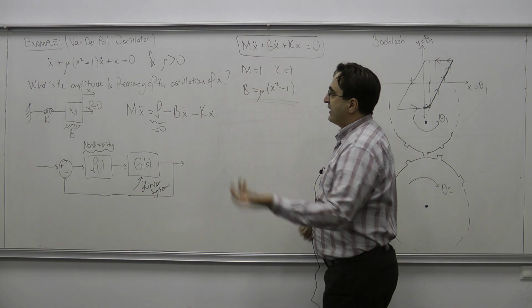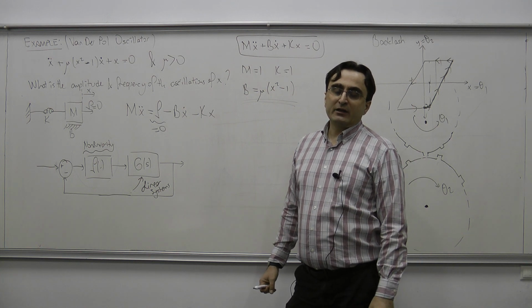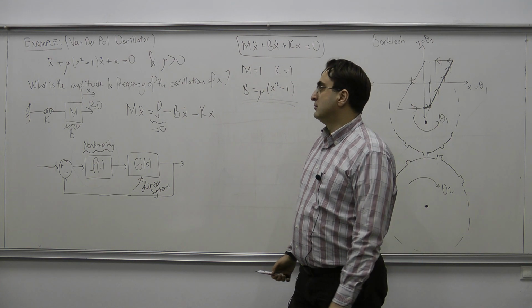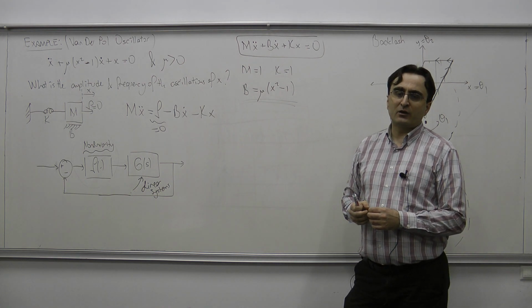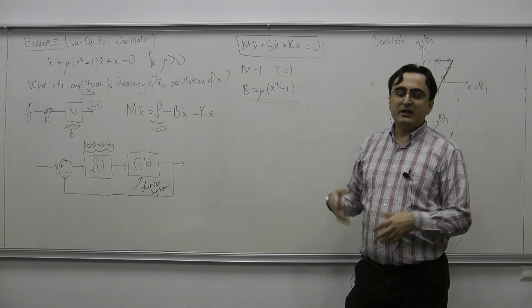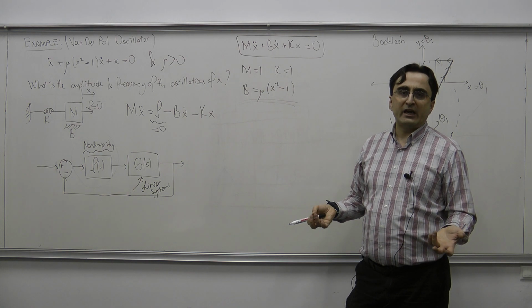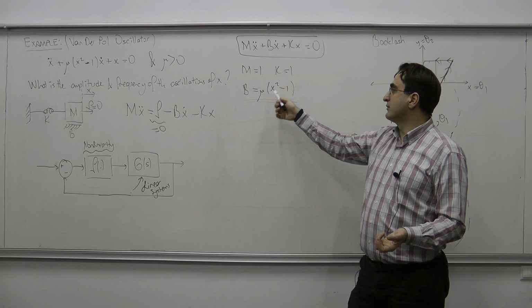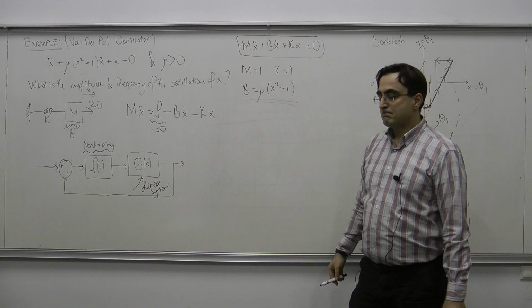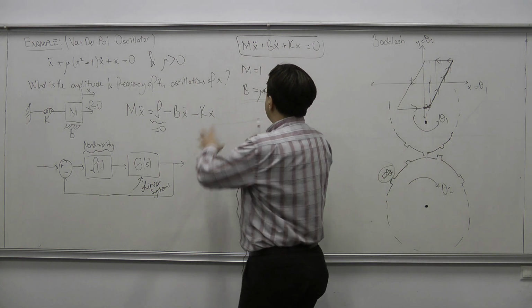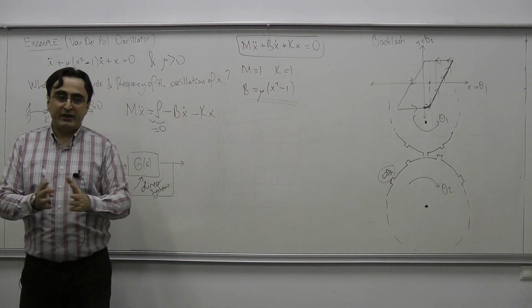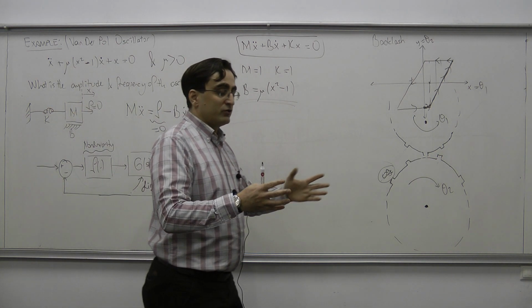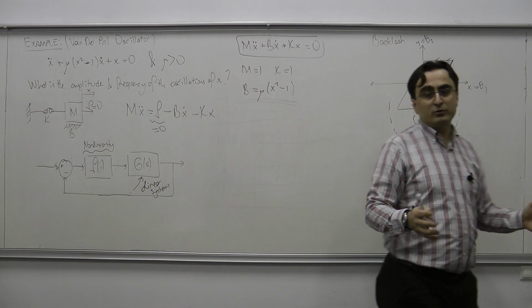What happens when x is very large? The magnitude of x is very large. In that case, the friction coefficient starts to become positive, meaning that the system is going to start losing energy if x is very large. So we see that if x is close to 0, the system is going to gain energy, and x is going to start to get large in magnitude.